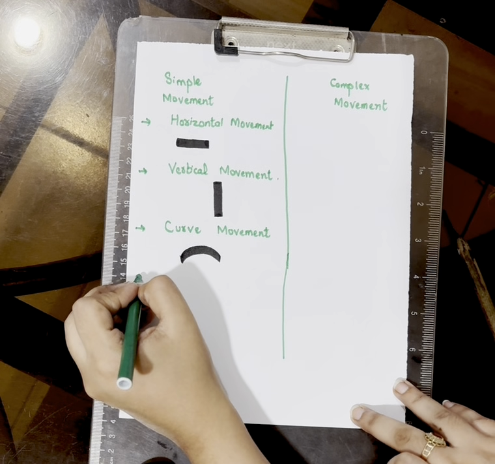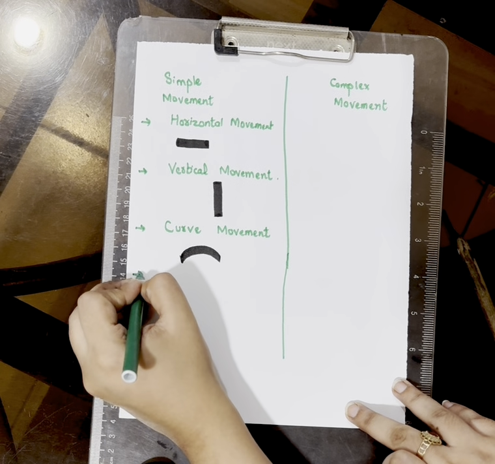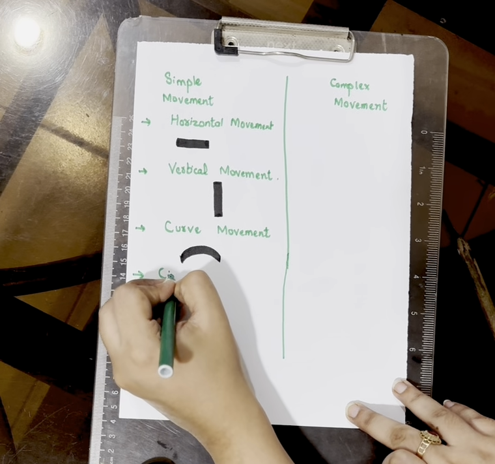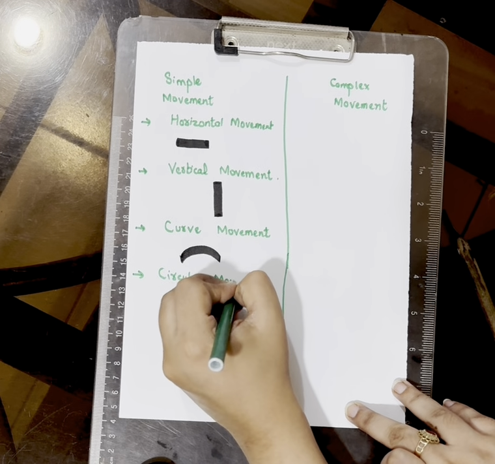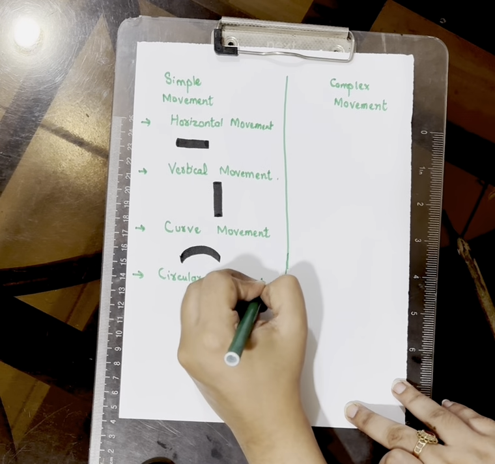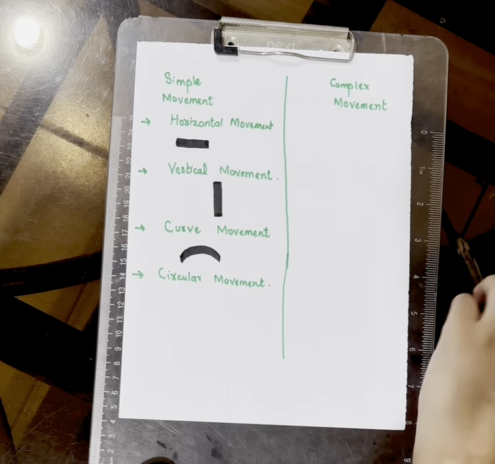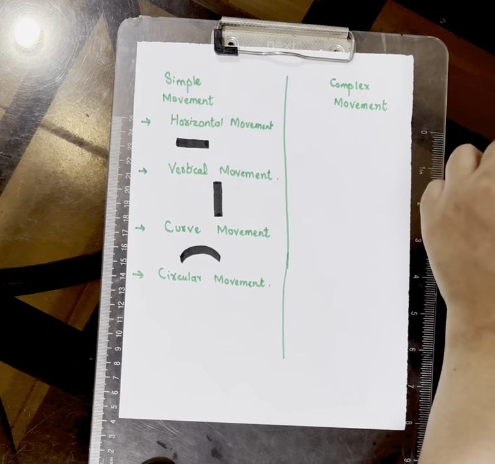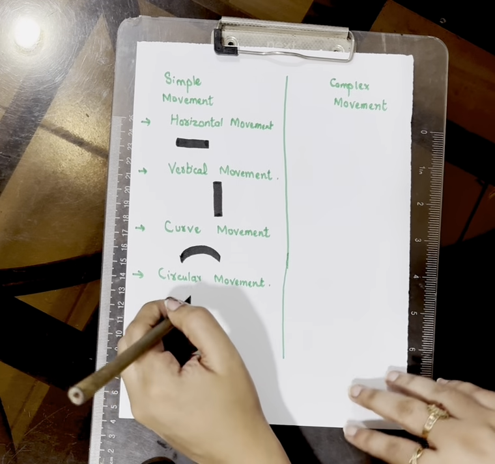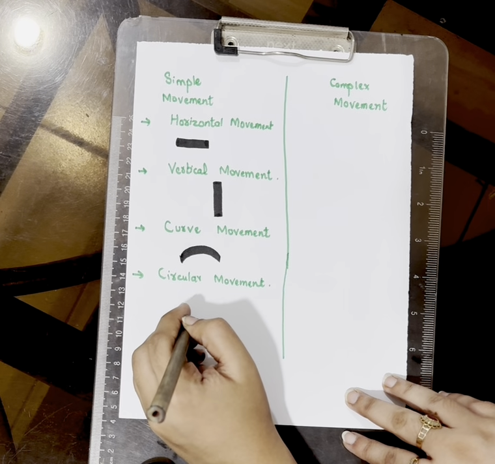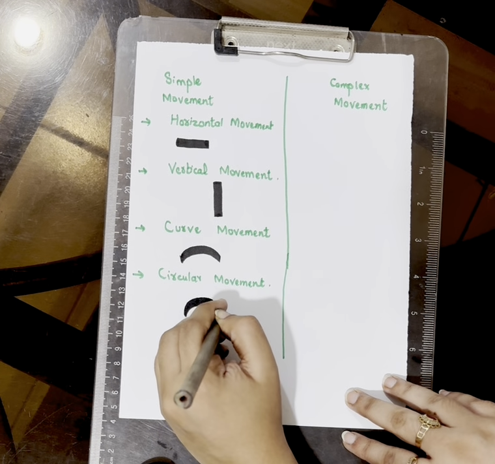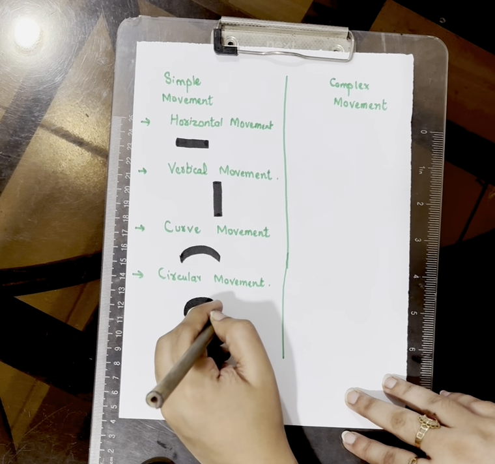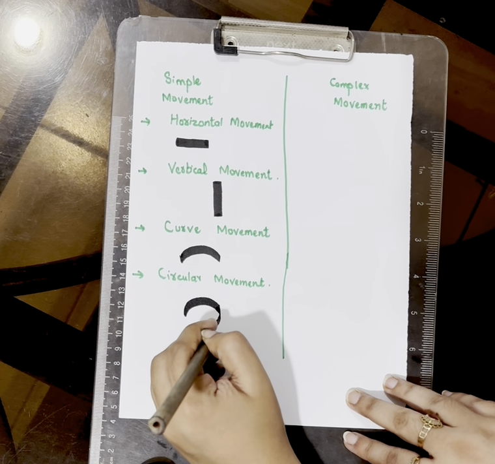Now, the next movement is circular movement. Place your kalam 90, move your kalam 90 and make a circle.